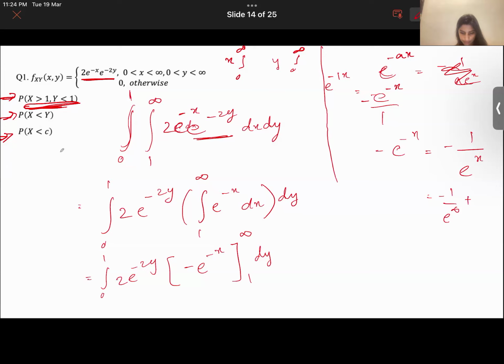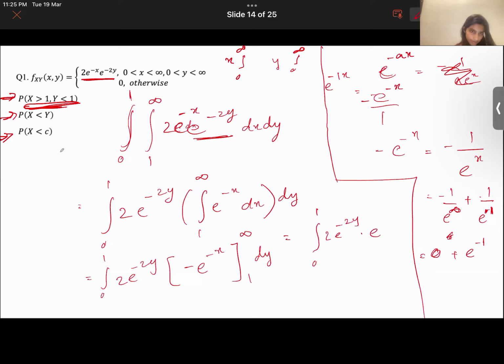Minus into minus gives plus 1 by e power 1, so your second term is just e power minus 1. Now you have the integral from 0 to 1 of 2 e power minus 2y into e power minus 1 dy.